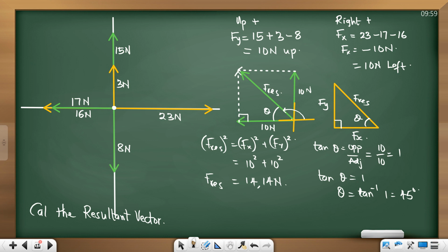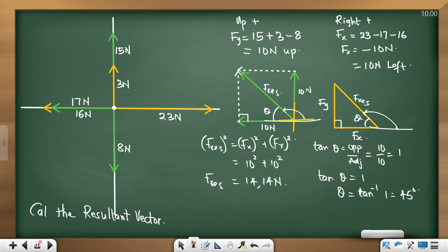Now, the question is, how do you put your answer down? Watch this. We said start from the positive x-axis and move anti-clockwise. So if this whole thing is a straight line, we should actually start from here and go this way.